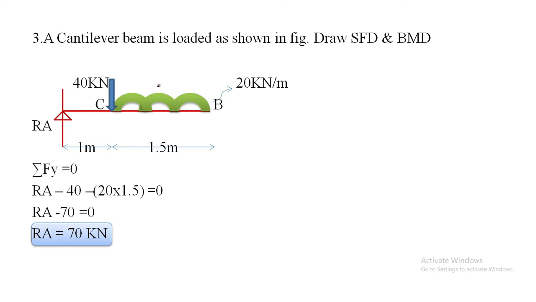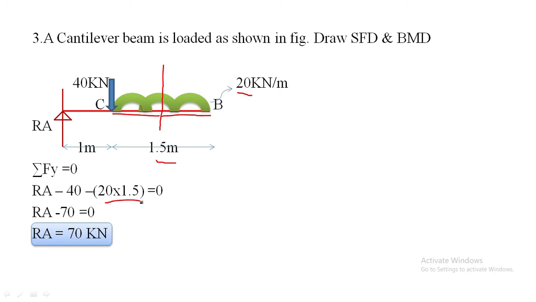So first convert the UDL into a point load. You should draw a vertical line at the center of that UDL, because the UDL is 1.5 meter long, so this distance is 0.75 meter and this distance is 0.75 meter. While converting the UDL into a point load, you should use the value of 20 into 1.5.